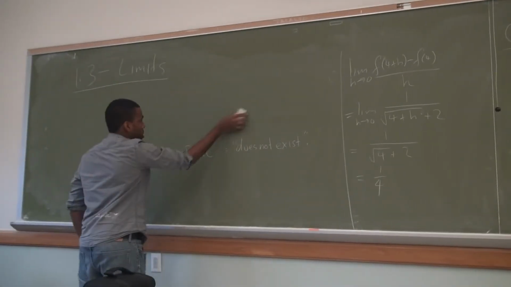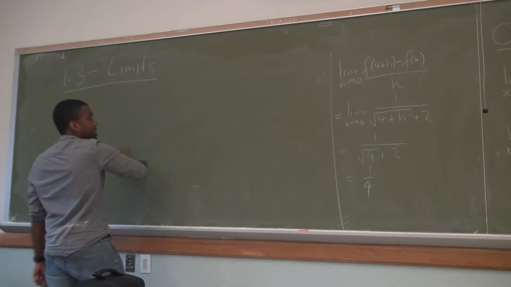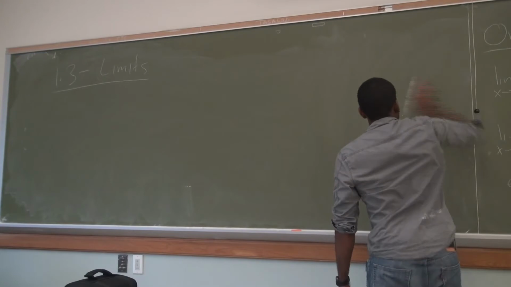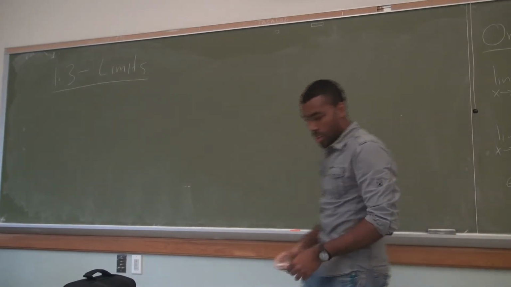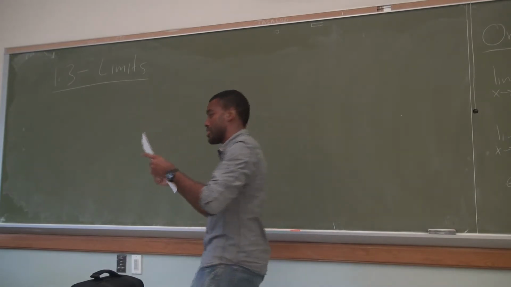Okay, so now let's do another graph and see if we can figure out what the limits will be. It's very similar to the quiz, and it's the one I asked you in class today.